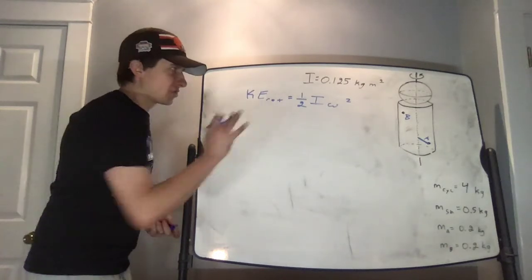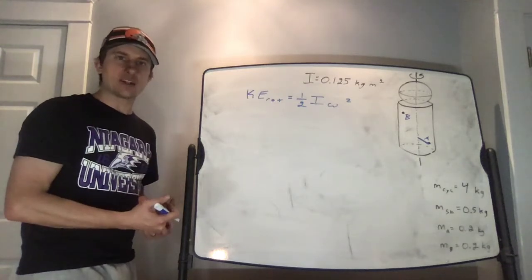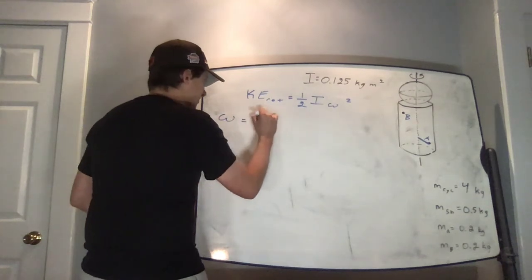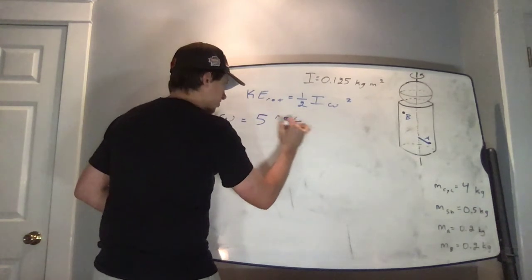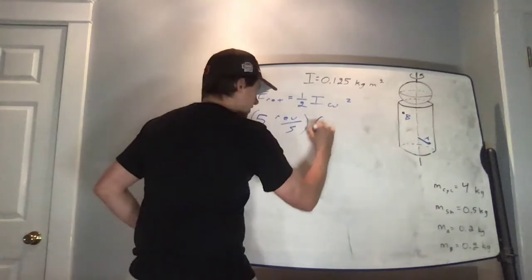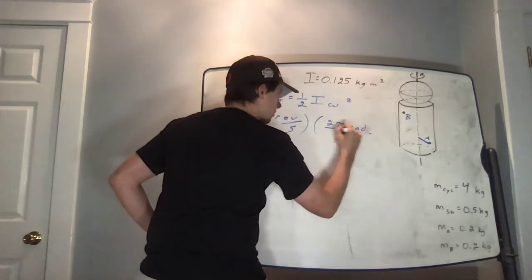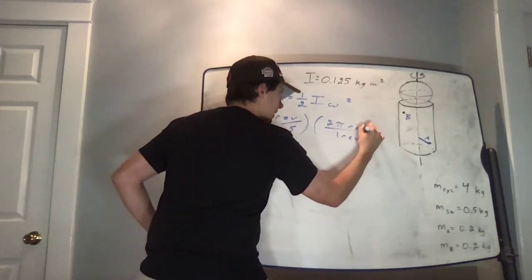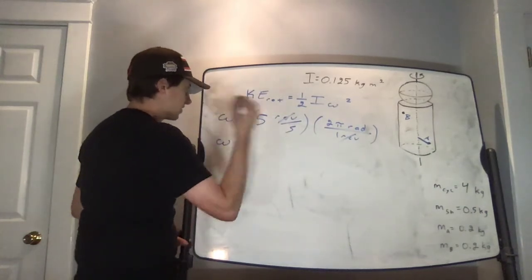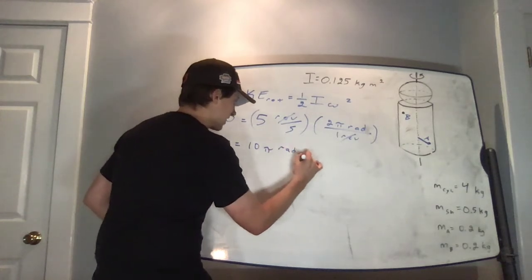We are told this contraption is spinning at 5 revolutions per second, so we need to convert that. Omega equals 5 revolutions per second times 2 pi radians over 1 revolution, which gives an angular velocity of 10 pi radians per second.